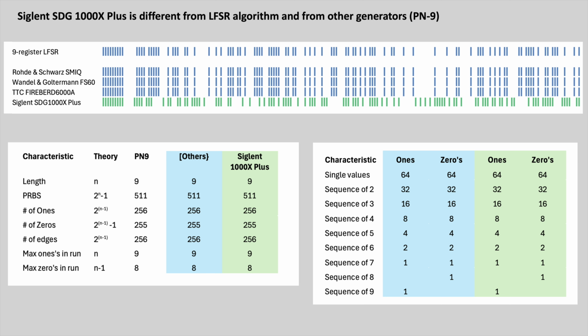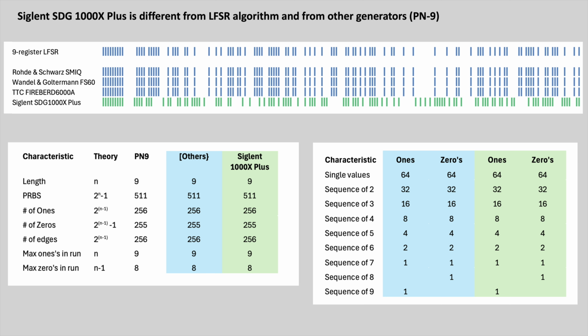And then in green we got the Siglent code, and interesting, it's a different code. It also starts with 9 ones, but then it simply runs differently. I'm trying to look also into some of the characteristics of this code. I'm showing them here. Again, the other instrument in blue and the Siglent in green. So it's comparable or not the same in these characteristics.